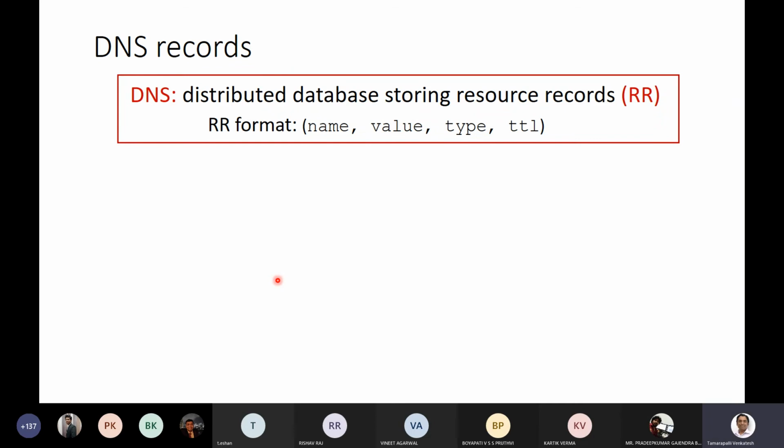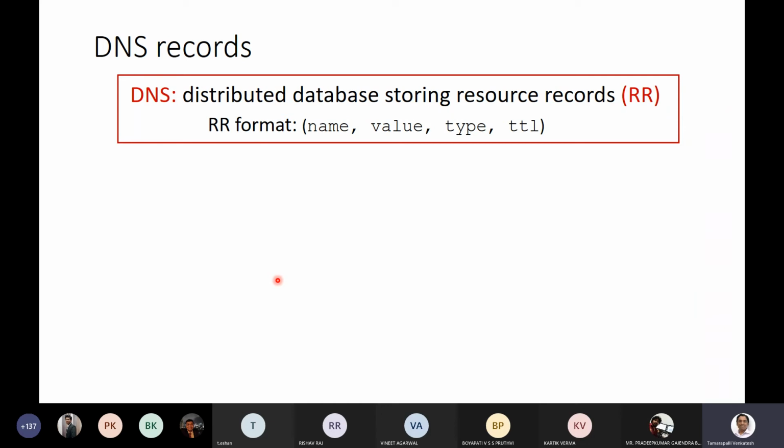Next, we will see what kind of resource records are maintained in the database which is used in DNS. DNS names these records as resource records. The resource record format is name, value, type, and then TTL. TTL corresponds to the duration for which this resource record is valid.